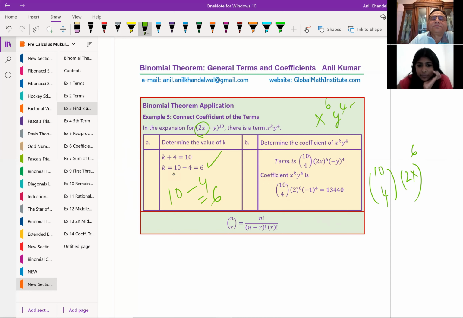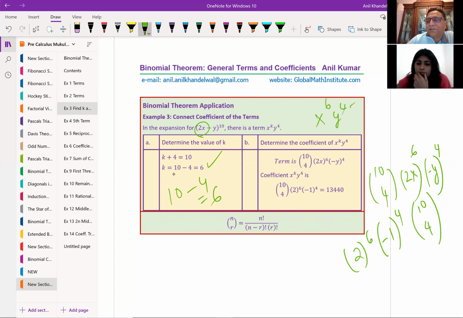Then you times minus y to the power of 4. So the answer for coefficient will be 2 to the power of 6 times minus 1 to the power of 4 times 10 choose 4 as the coefficient for x to the power of 6, y to the power of 4. Correct?